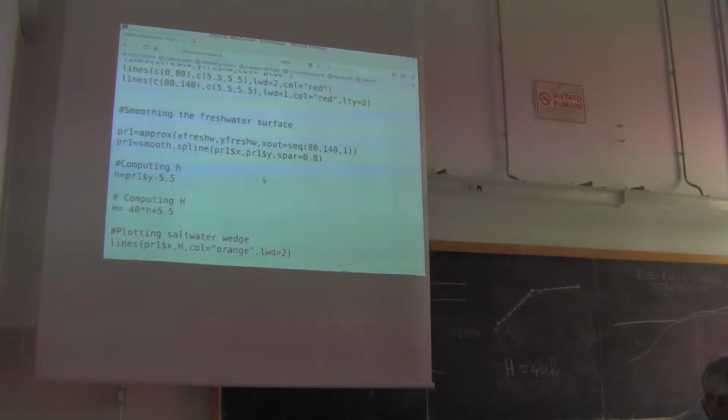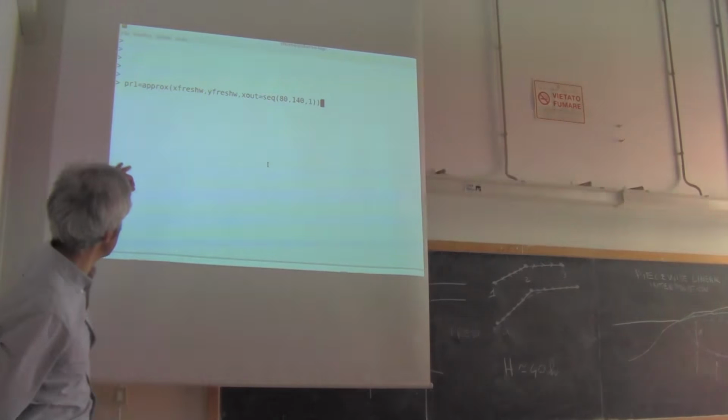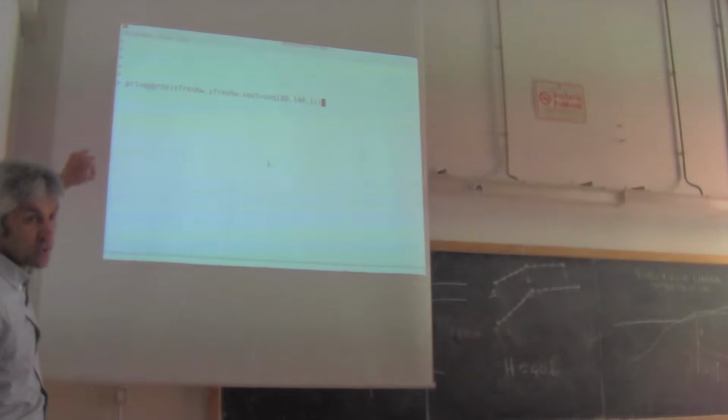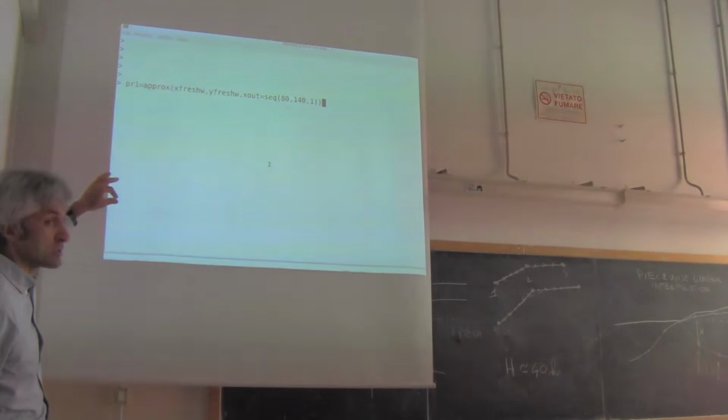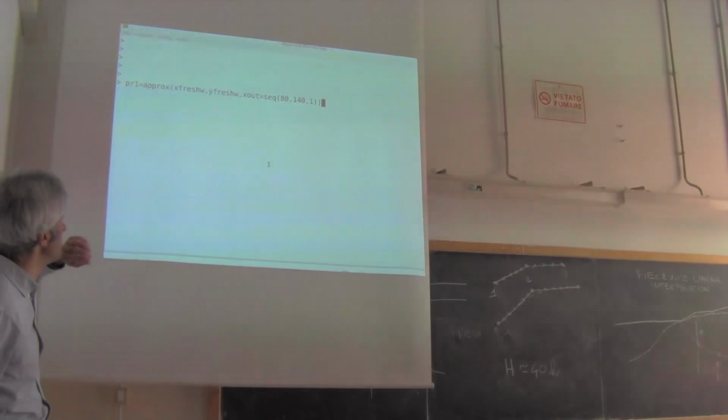So if you look at this instruction here, it says approx. First you have to give the x and y, the coordinates of the points that you want to interpolate. And you see that I am interpolating the freshwater profile. I am giving the x and y coordinates of the freshwater profile.